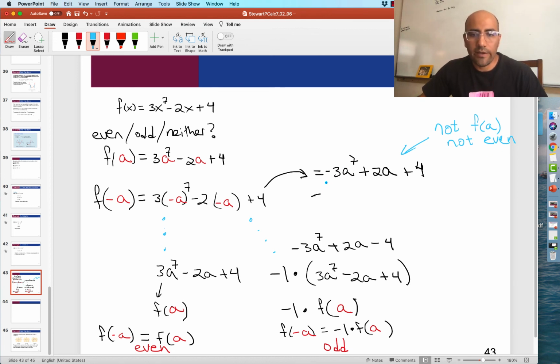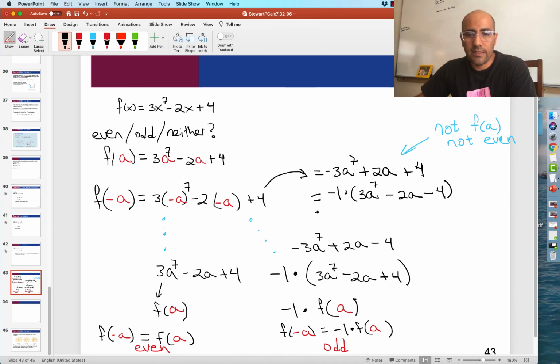Okay, now I try the other possibility. I factor out a minus 1 times this whole thing. And I get positive 3a to the 7th power minus 2a minus 4.